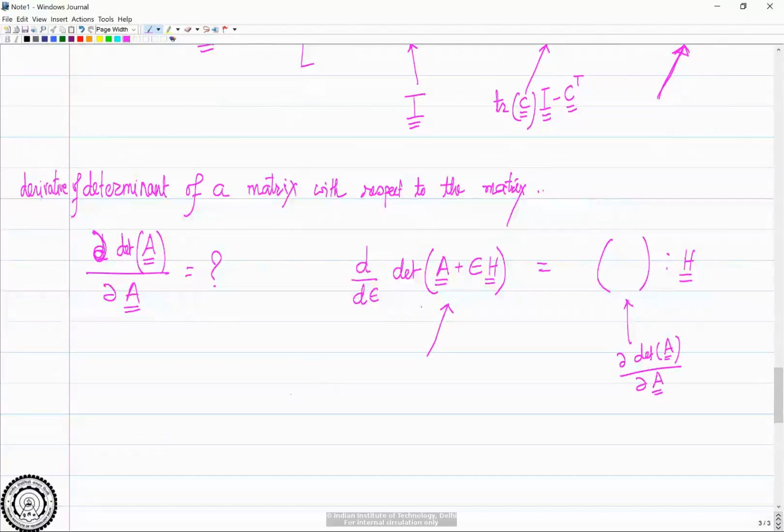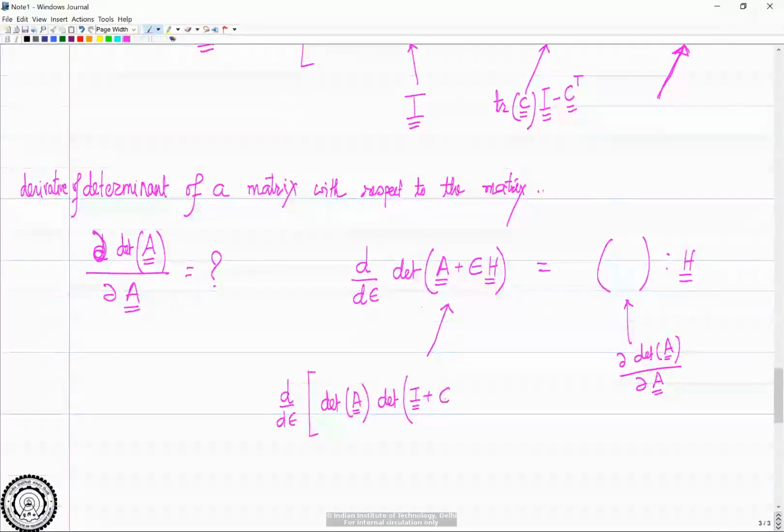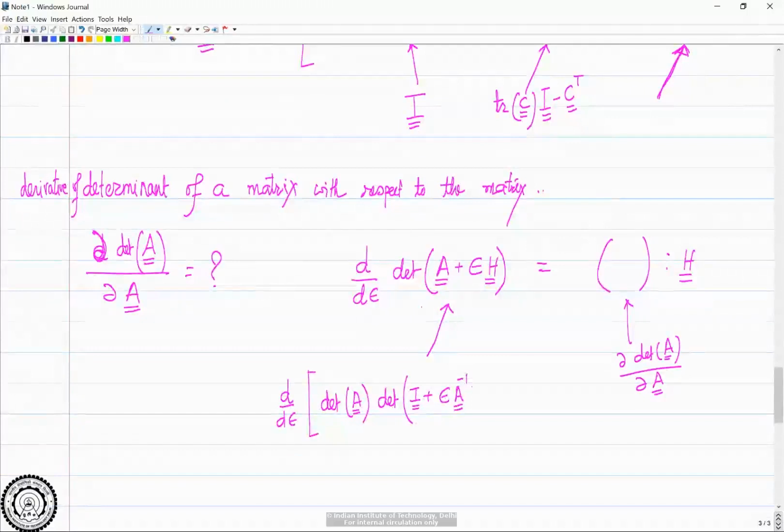So I can write it as d by d epsilon of determinant of A into determinant of identity plus epsilon into A inverse H. Is that okay?